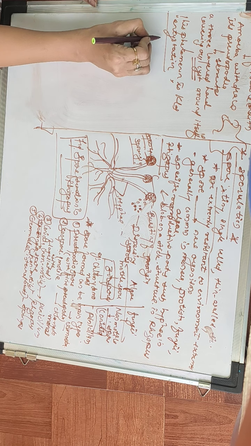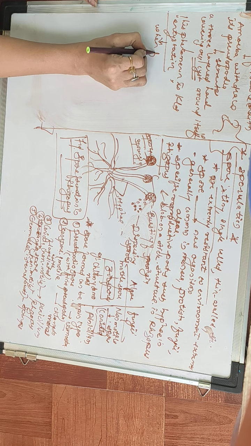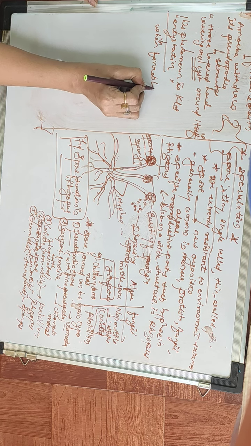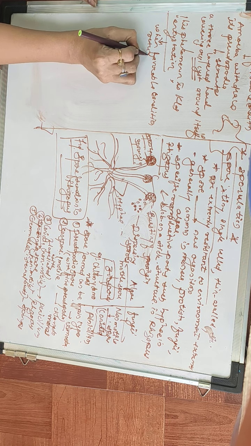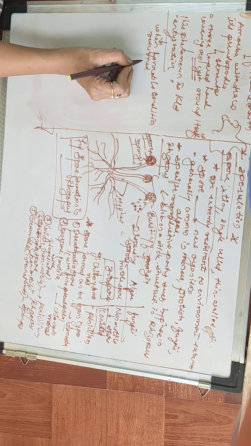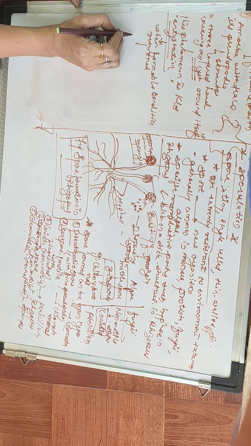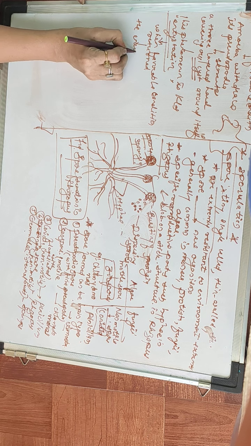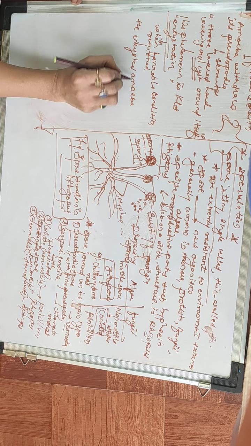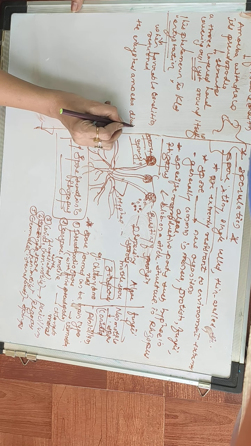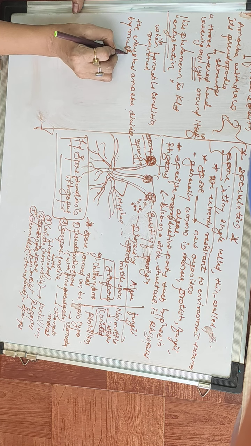So this is during unfavorable conditions. When favorable conditions return, this encysted amoeba divides by multiple fission, and we already discussed multiple fission.